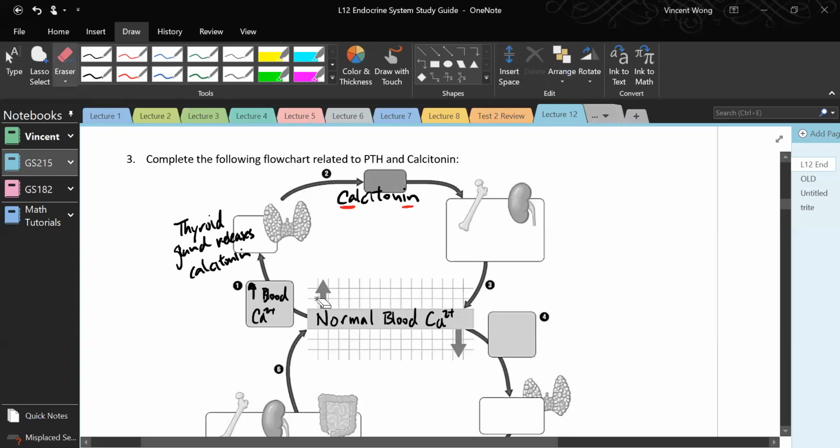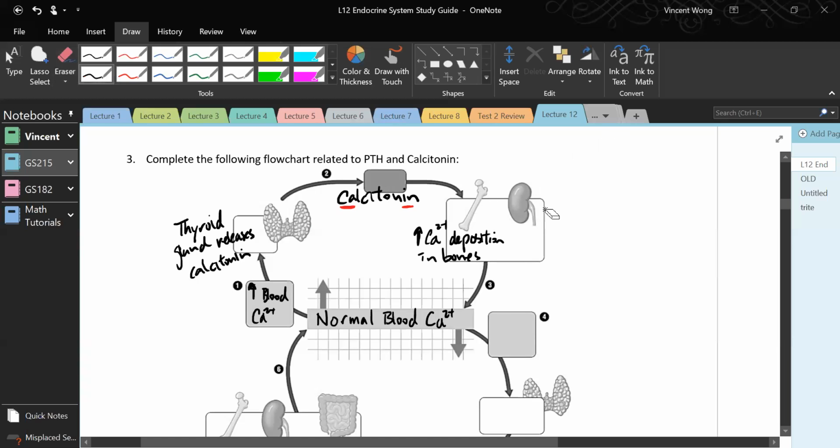Calcitonin is going to help bring the blood calcium level down by acting on the bones. It will increase calcium deposition in bones. Let's put more calcium in the bones. We have extra.